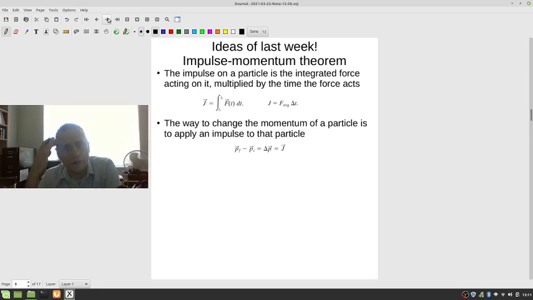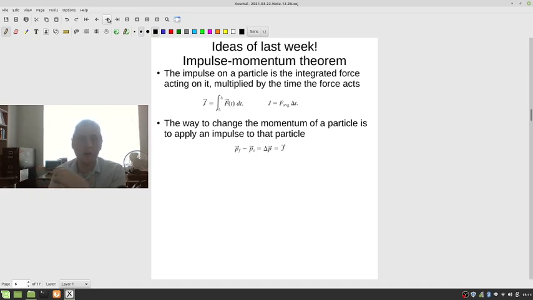The other big thing that we did last week was talking about the impulse momentum theorem, where if you push on an object for a short amount of time, could be a long amount of time, doesn't matter, in any case, the impulse that you apply to an object will determine the change in momentum of that particle.